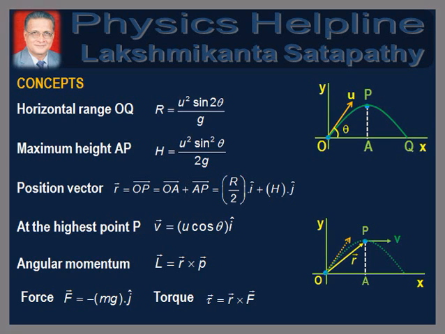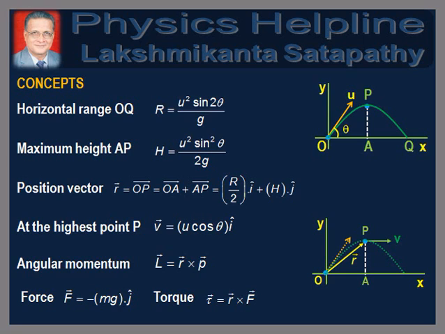Now, the angular momentum of the particle at P about the point of projection O is given by L is equal to r cross p, where p is the linear momentum of the particle. Now, the only force acting on the particle is its own weight mg, which acts in the vertically downward direction, which is the negative y direction.